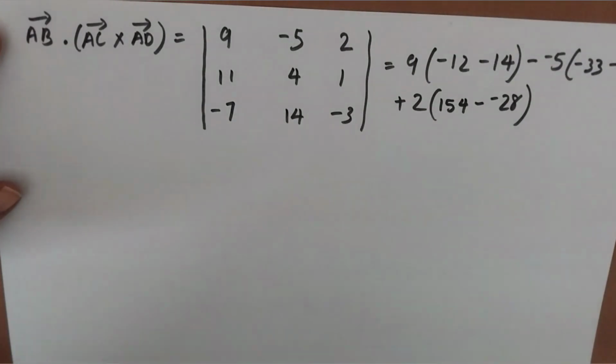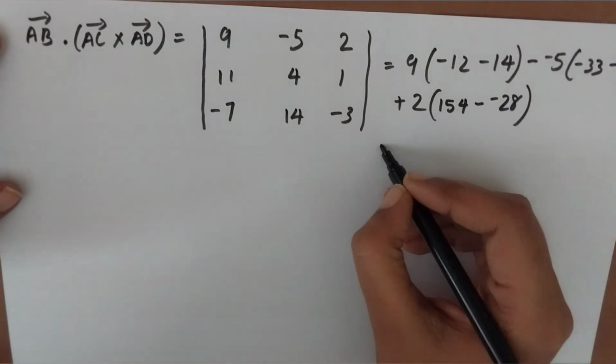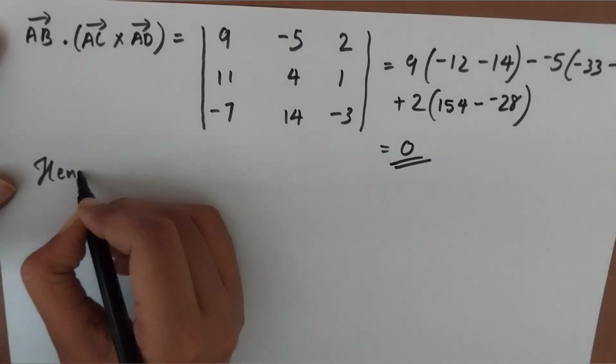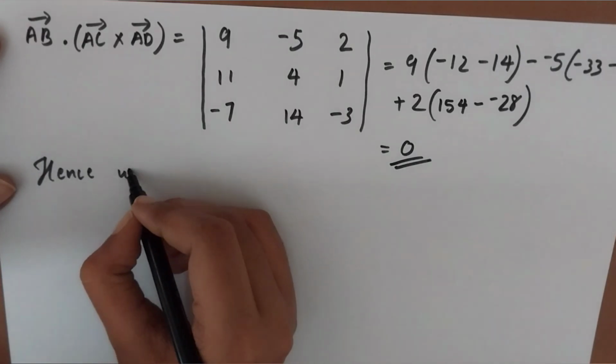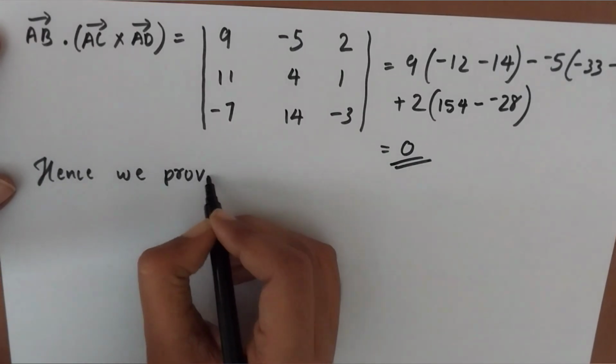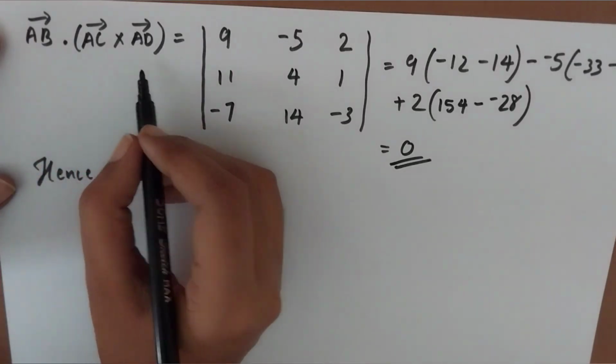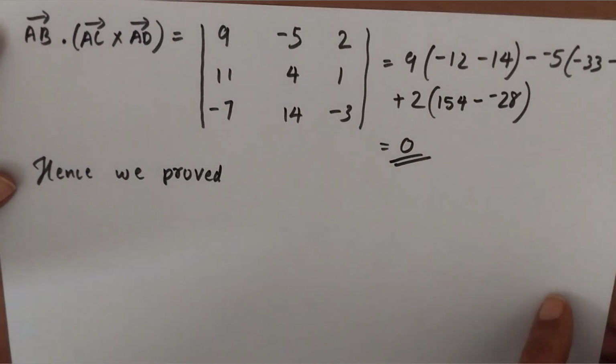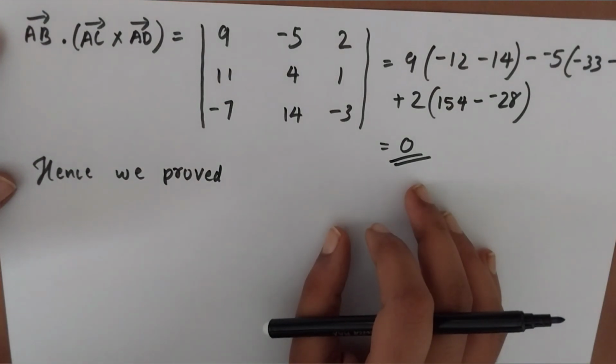Now this is equal to 0. Hence we proved that vector AB dot AC cross AD is equal to 0. That means all the 4 points are coplanar.